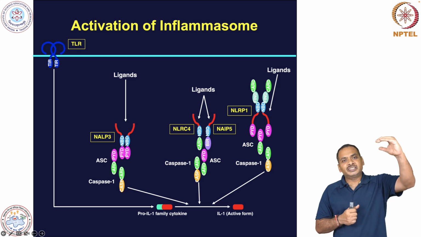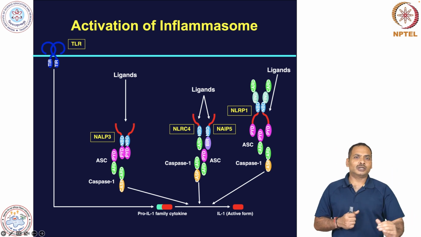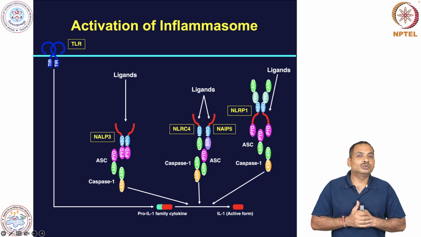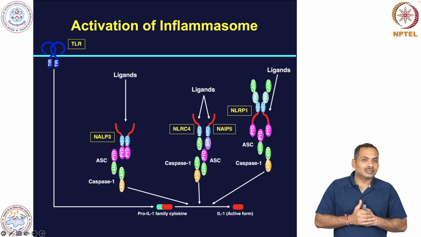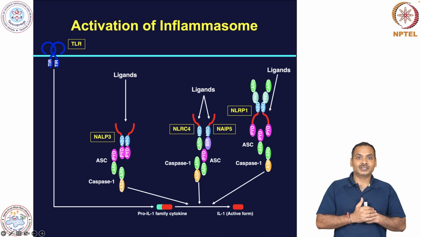So there will be TLR-mediated NF kappa B activation. This NF kappa B activation will result in more protein in the cell: more procaspase, IL-1 and ASC.